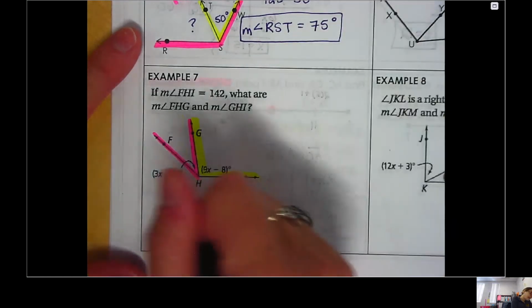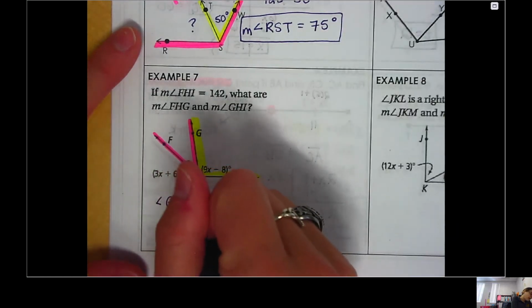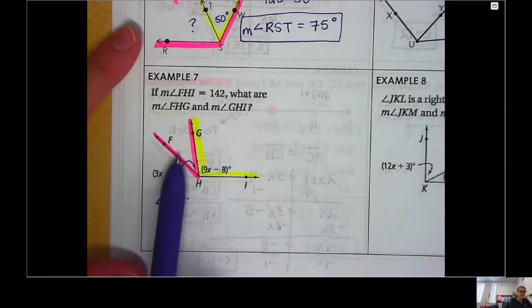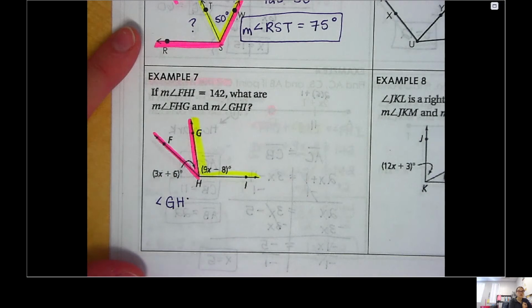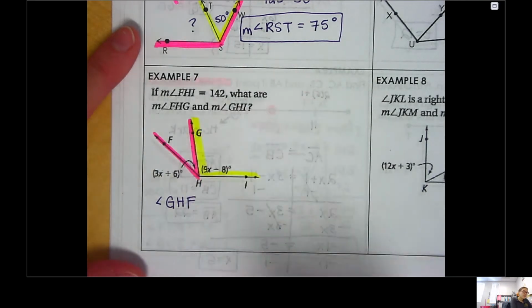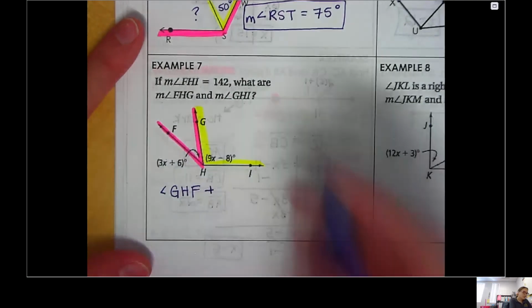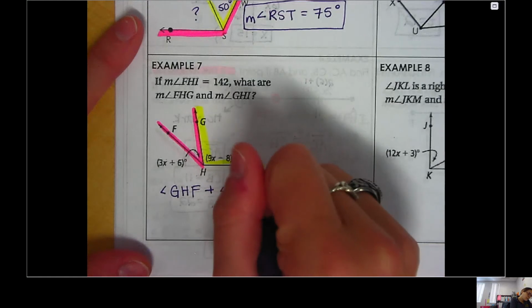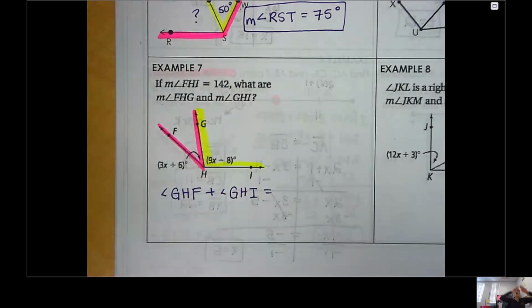GHF, the pink one on the left, plus what's the angle name on the right? GHI. I add those two together, I should get the whole thing, and the whole thing is what angle? 142. Well, yes, but what's the name of it? FHI.